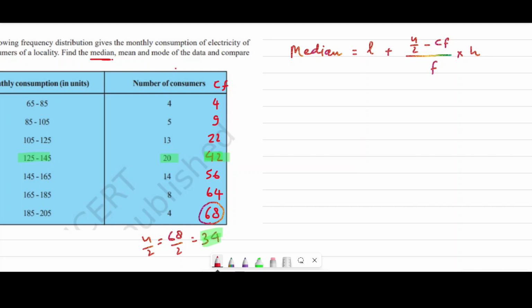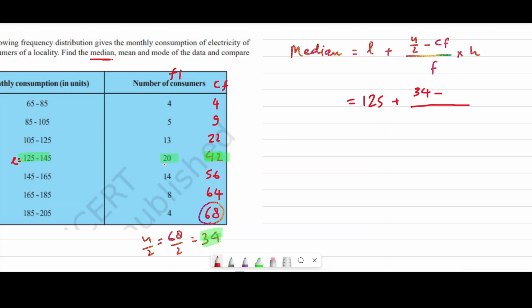Here the number of consumers, that means fi. Now we have information about L. L will be the lower limit. So here we will put 125, then plus the value of n by 2, which will be 34, minus what will be the CF?